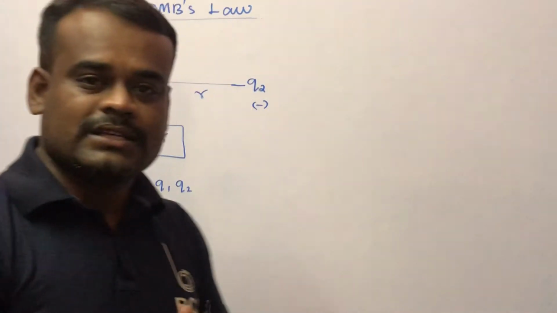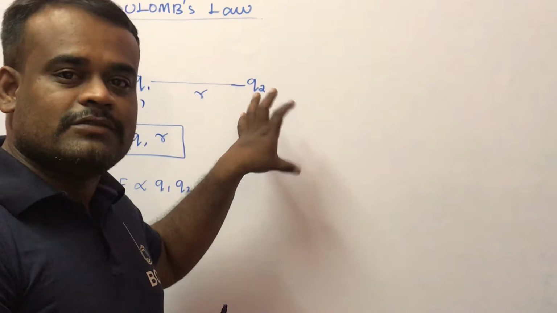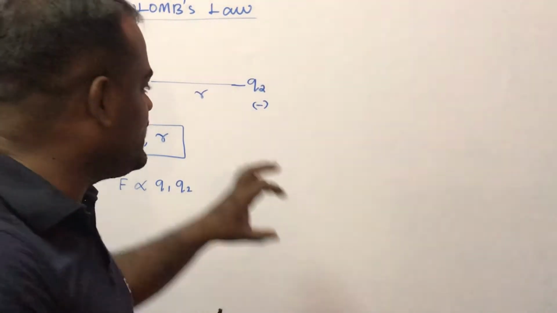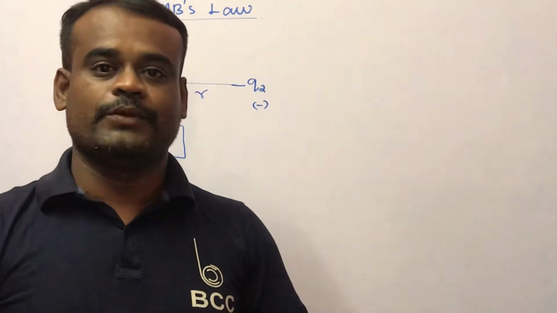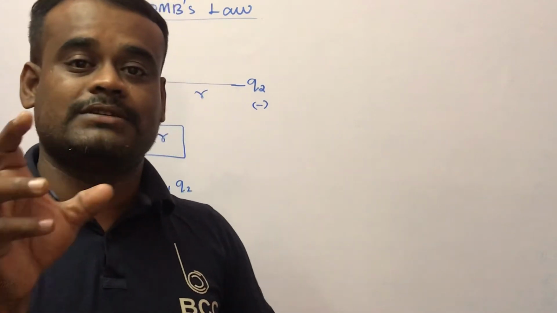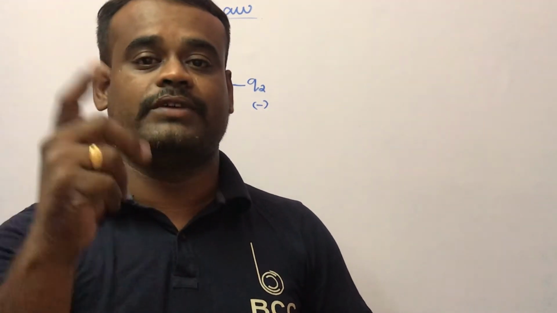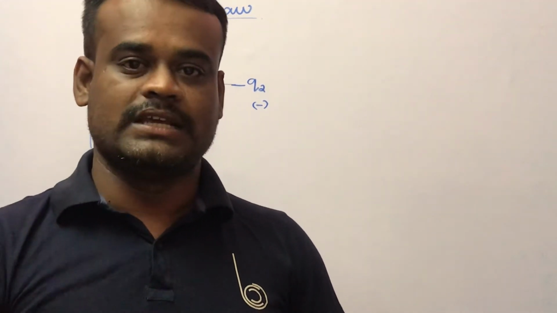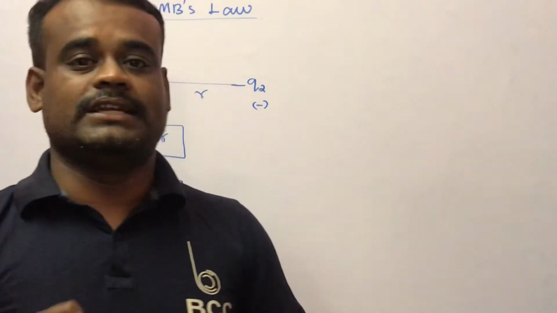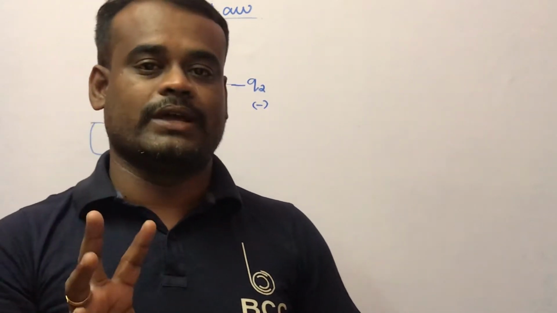Because the basic concept for this formula is derived from it. There also we consider two masses, and between the two masses there is a force, that is gravitational force. F is equal to G m1 m2 by r squared. We already learned that.